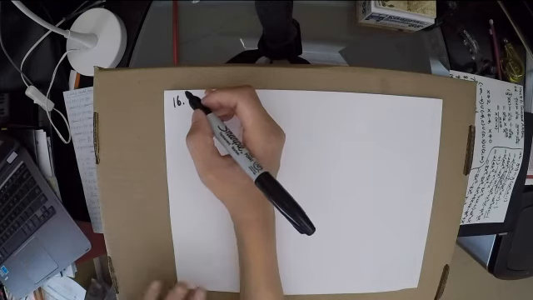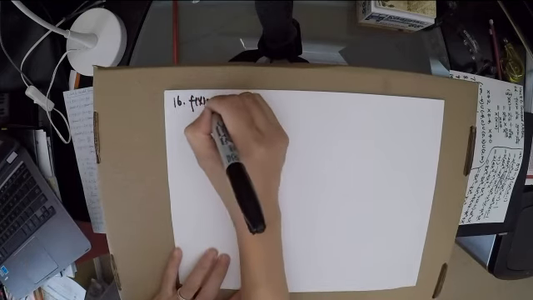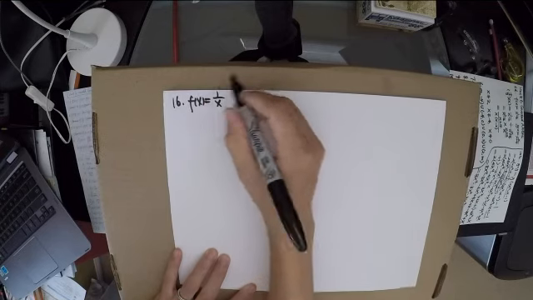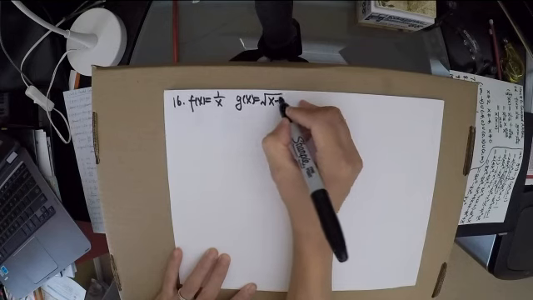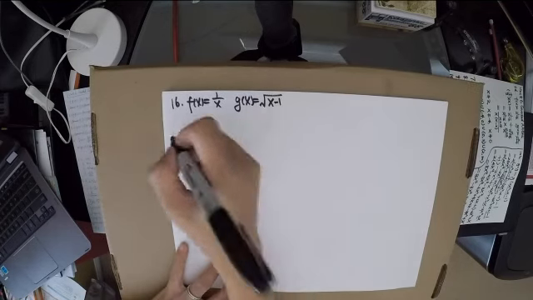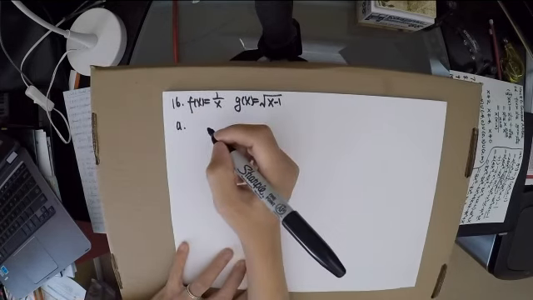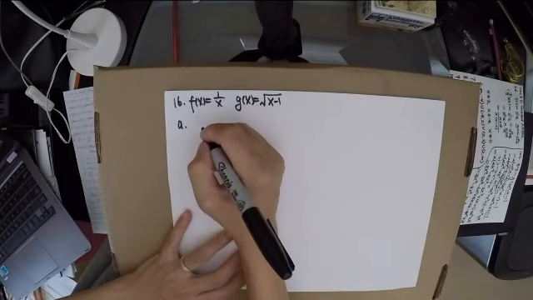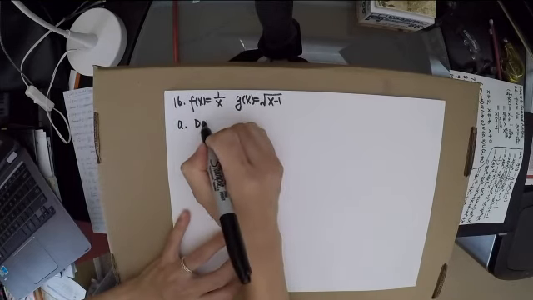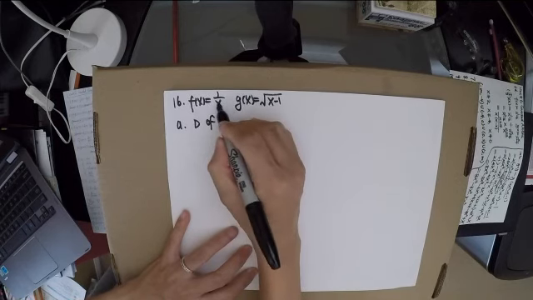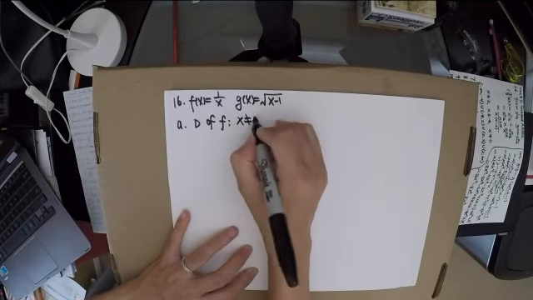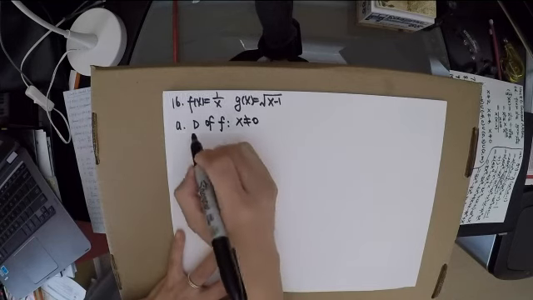Here we were given f(x) equals 1 over x, g(x) equals square root of x minus 1. So A, state the domain for f(x) and g(x). Domain of f: the denominator is not equal to 0, so x is not 0.